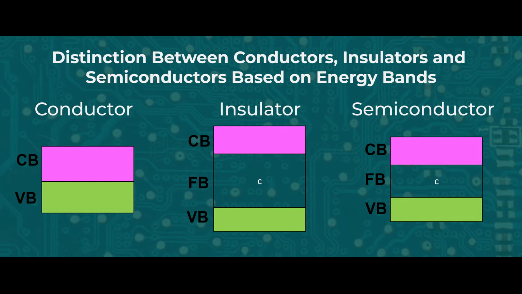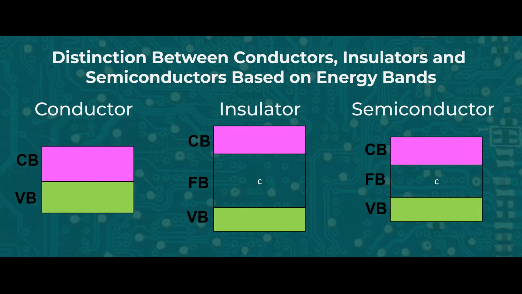If you look at the energy band diagram of insulator, you can see a large forbidden gap between the lower valence band and the upper conduction band. Again, if you look at the energy band diagram of semiconductor, the forbidden gap between the valence band and the conduction band is quite smaller compared to that of insulator.